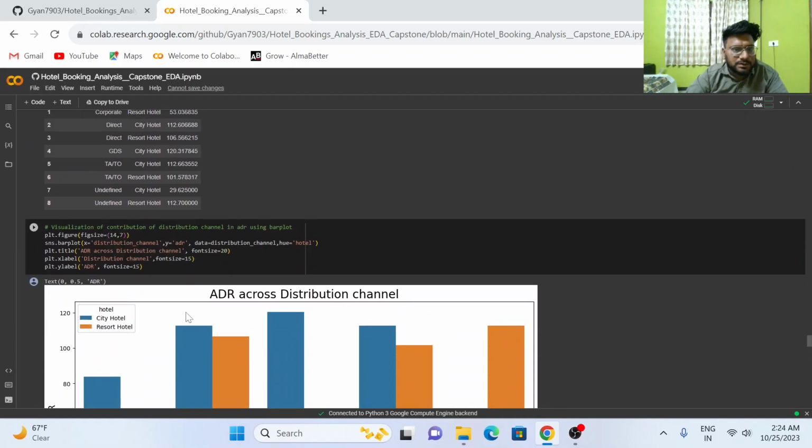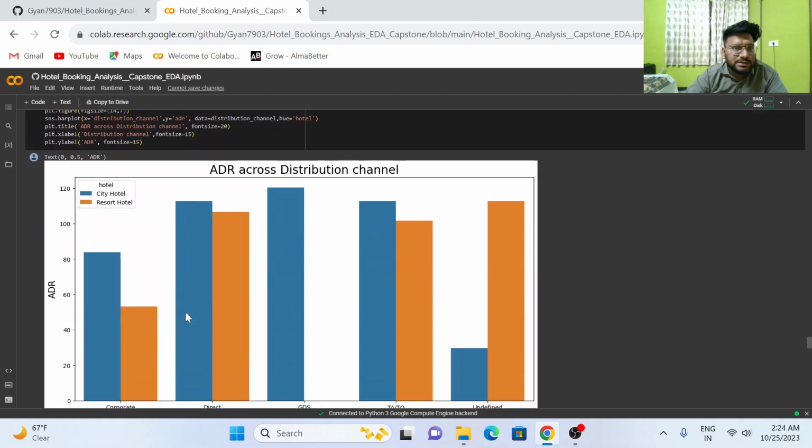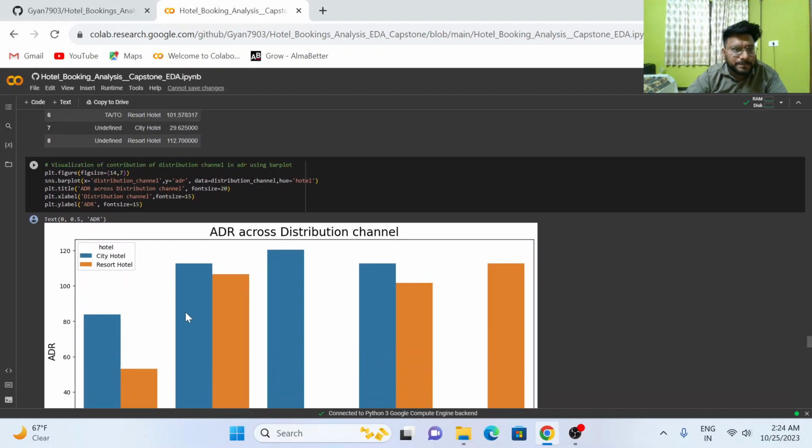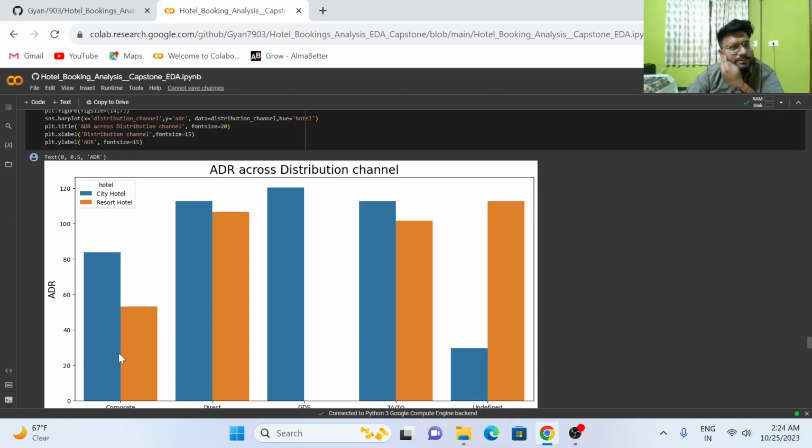So yes, we can clearly see that distribution using our bar plot over here, in which blue represents the city hotels and orange represents the resort hotels.